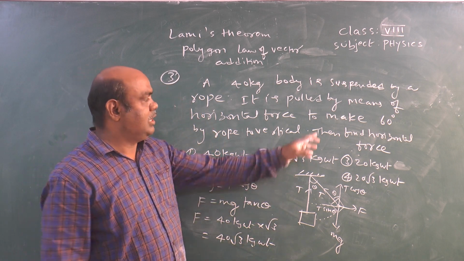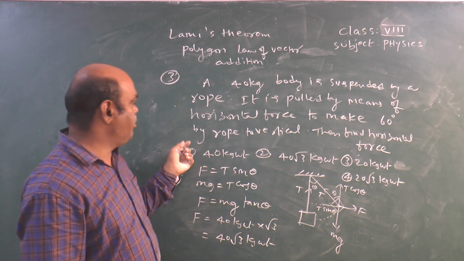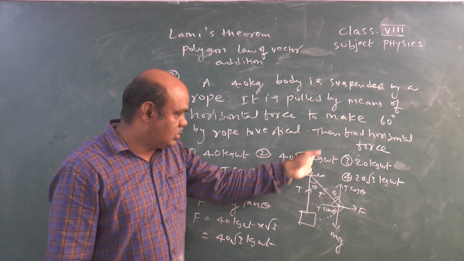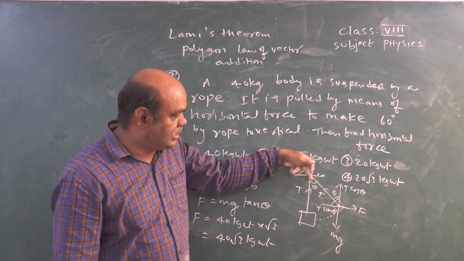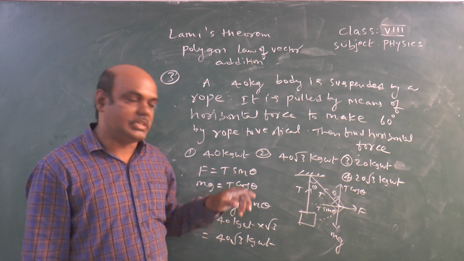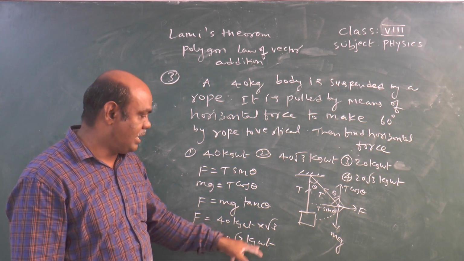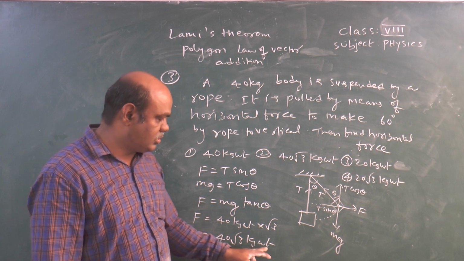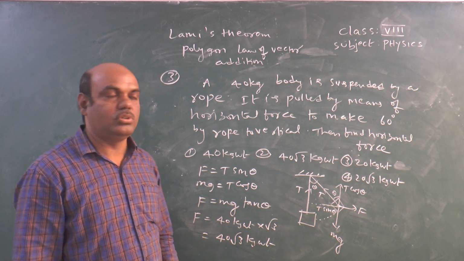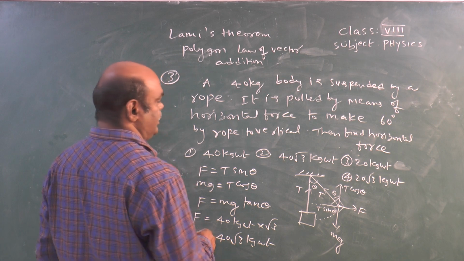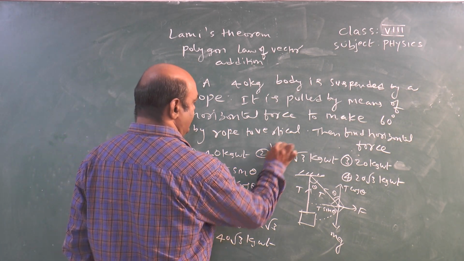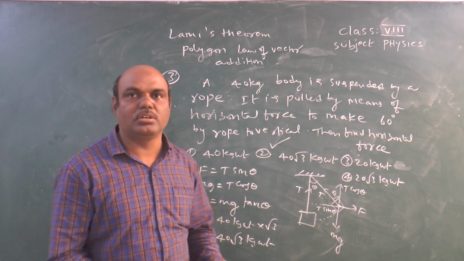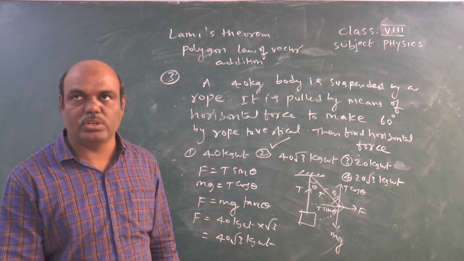Because here the angle of 60 degree is made with the vertical, so theta value is 60, tan 60 is root 3. So 40 into root 3, 40 root 3 kg weight, the second option is correct. Okay, thank you.